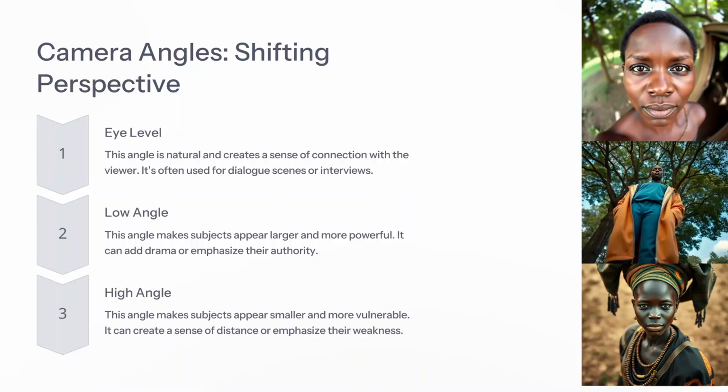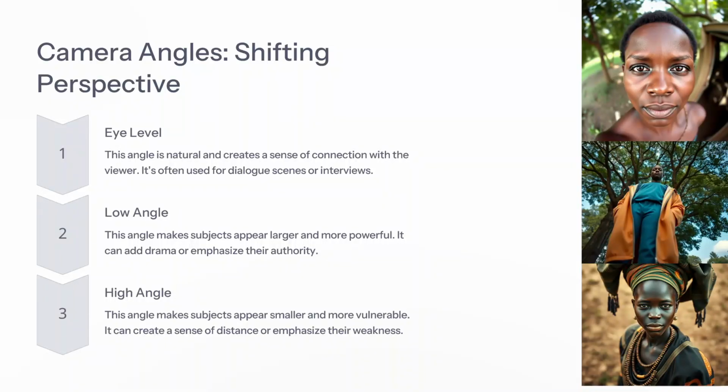This angle is natural and it creates a sense of connection with the viewer. It's often used for dialogue scenes or interviews. That eye level angle is a more natural angle which you can shoot when people are talking to each other.